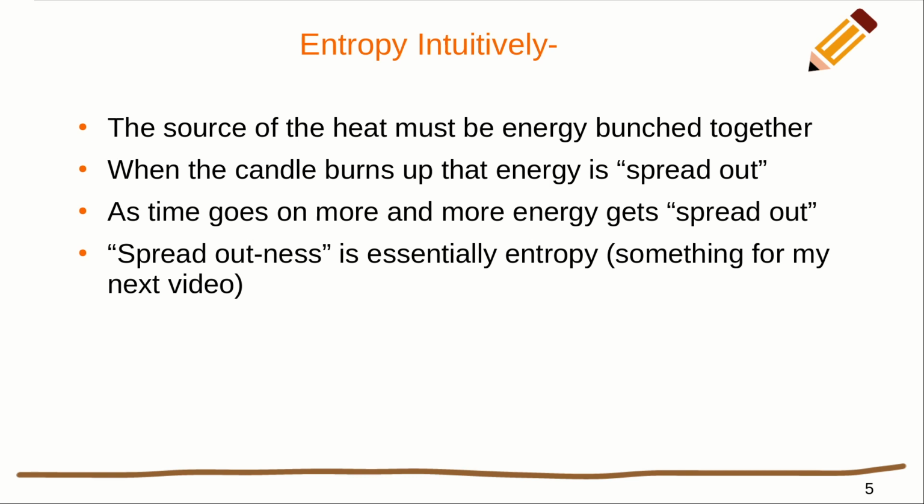The other thing that happens is it's possible that the temperature of the gas gets to the same temperature as the candle, and then when it gets close to that, you're not putting very much heat into the gas, and it doesn't do any more work for you. So essentially, this spread-outness, what happened to the candle, is something called entropy, and that's something for my next video.